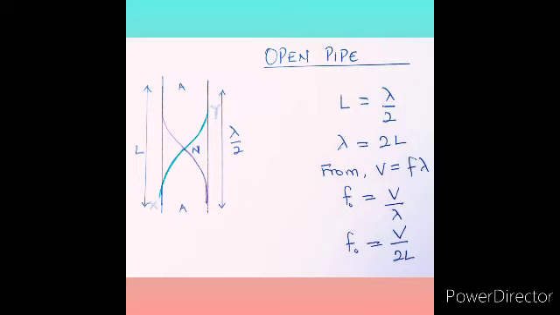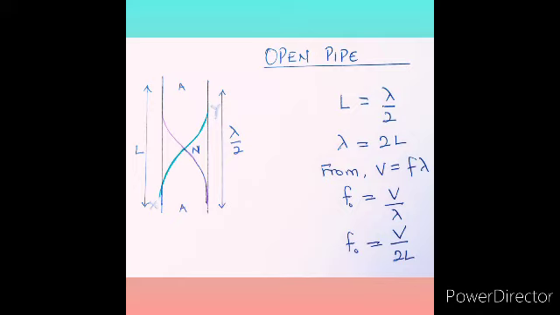Now, the distance of the wave from X to Y is equivalent to half a wavelength, which is lambda over 2. How did we get that? From X to N is equivalent to a quarter of a wavelength, like I explained at the beginning of this class. Then from N to Y is also equal to a quarter of a wavelength.